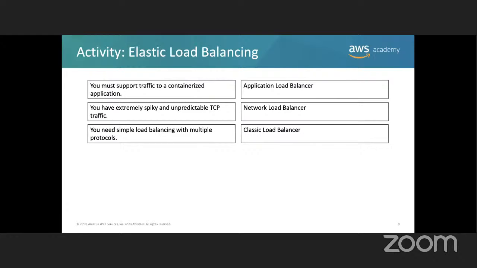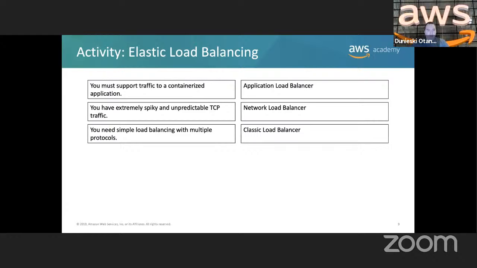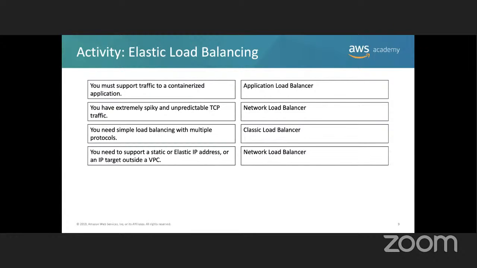Remember that Classic also has multiple protocols. It has TCP, UDP, TLS, right? You need to support a static IP or Elastic IP address or IP target outside your VPC. Network.